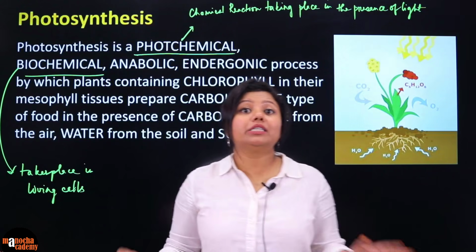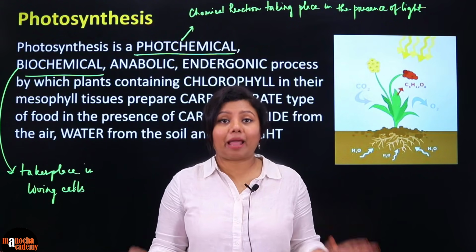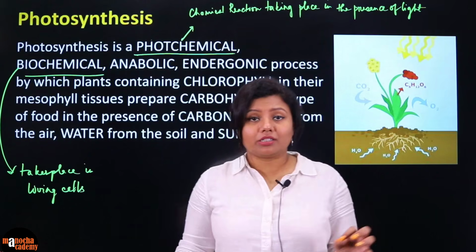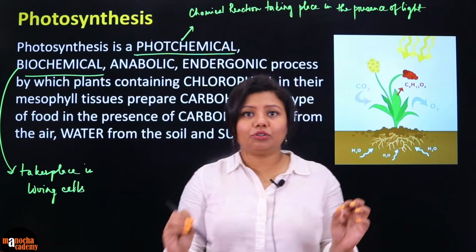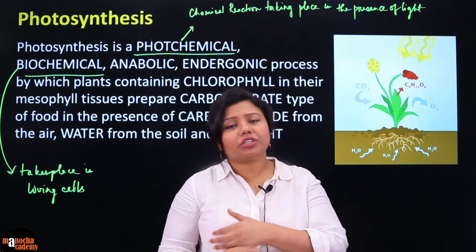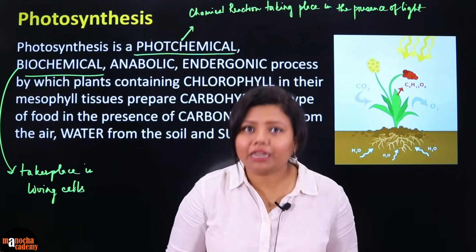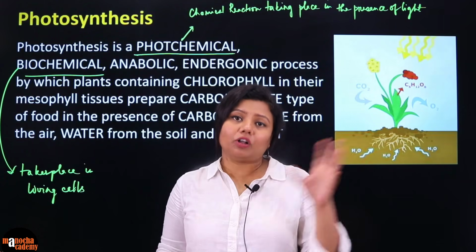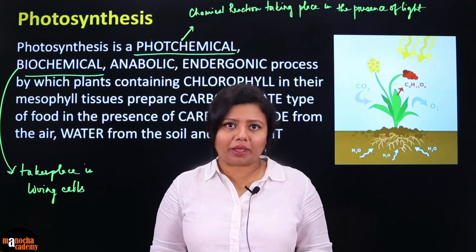A Nobel is declared for anybody who can perform photosynthesis outside a cell. This is one reaction which somehow does not take place anywhere outside the cell, even if you have all the components, everything that is required.